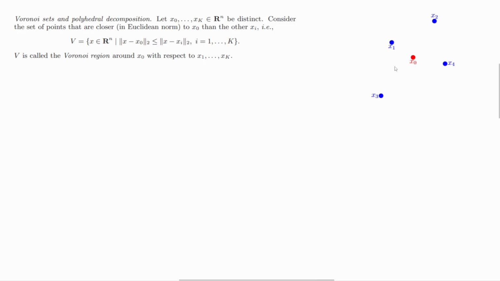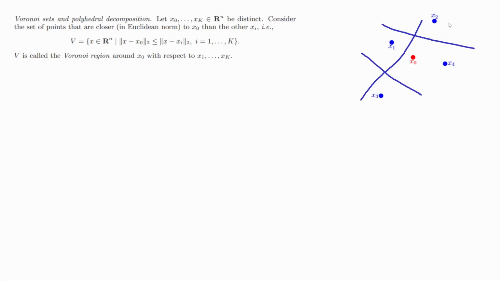So hopefully that should make sense. In this region on the right, the Voronoi region should be shaped something like this, right? Just visually in two-dimensional space, if I pick any point in this region, x0 is its nearest neighbor among all our points.